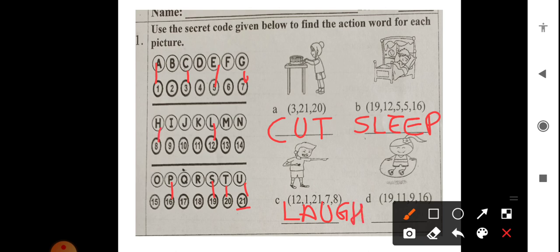Then 19 is S, 11 is K, 9 is I, and the last one is P, that is skip. So cut, sleep, laugh and skip, they are all action words. Okay.